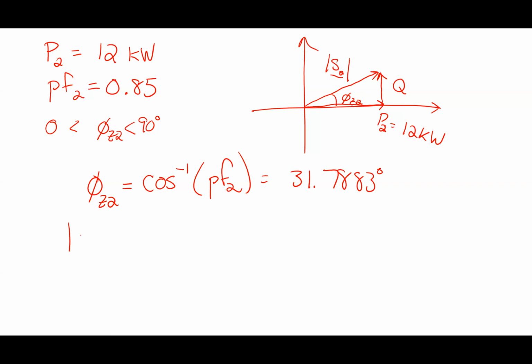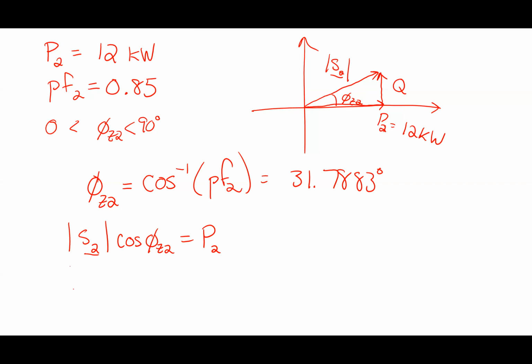So how do I get the magnitude of S? Isn't that just power divided by the power factor? Yeah, so if I know the power factor, P2 is the magnitude of S times cosine phi Z2, or the power factor.